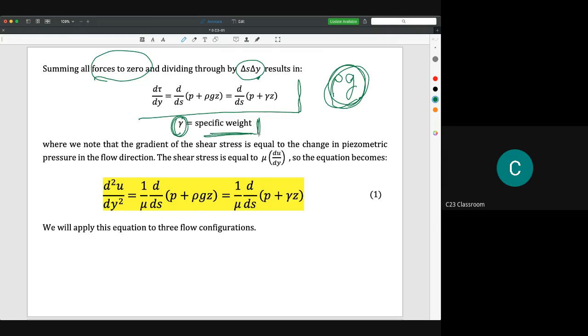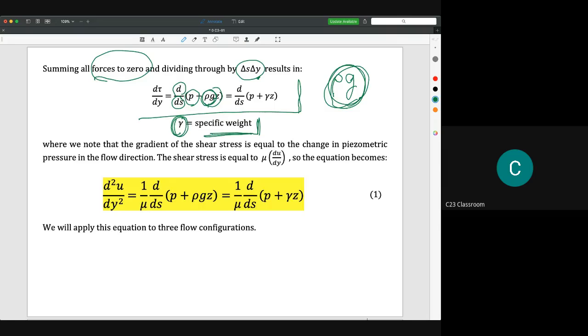Here, for example, you have d ds times p plus rho g z. So this rho and g here is actually a constant, because we assume the simplest case, which is a liquid. As you know, most liquids cannot be compressed very much, so we assume that liquid is incompressible.